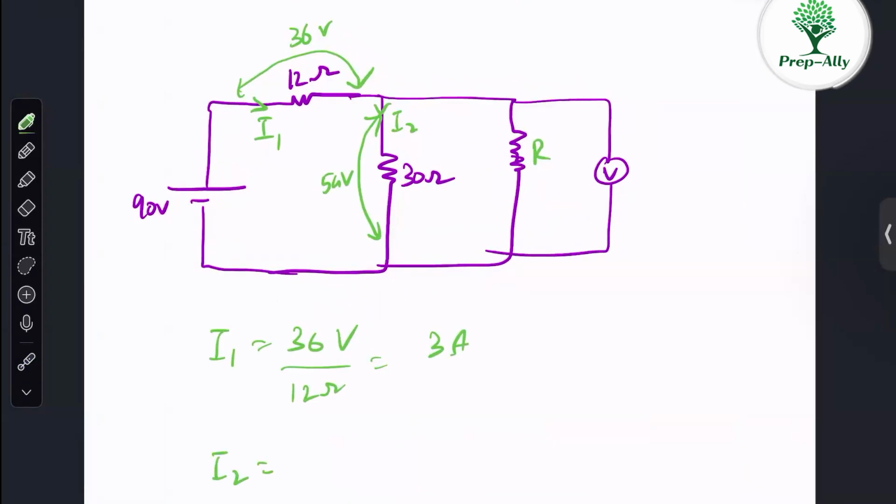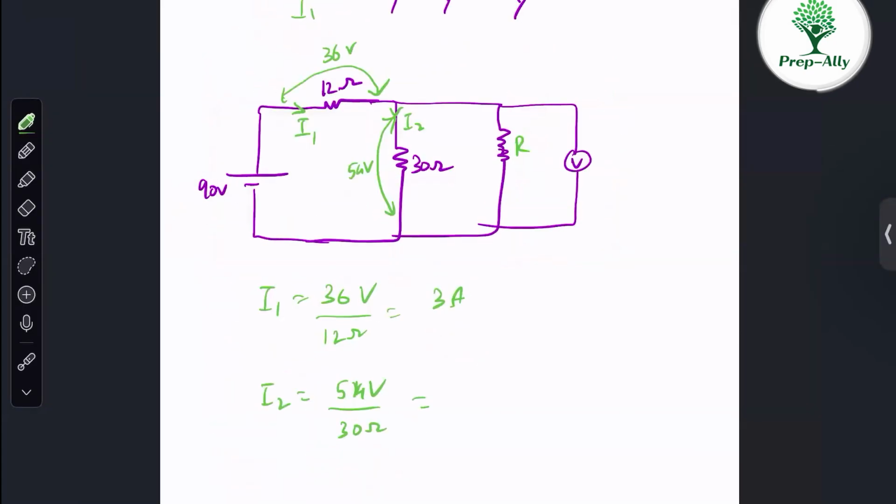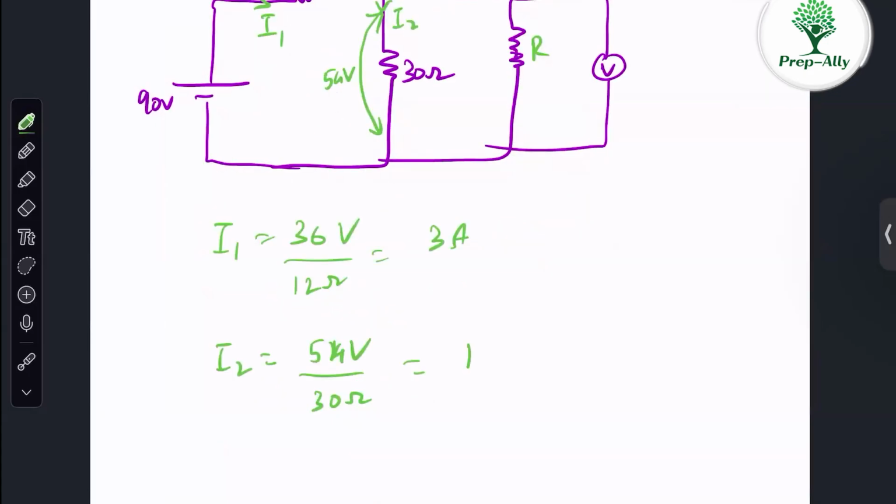I2 will be equal to the same 54 volts by 30 ohms, which is 27 by 15, or 9 by 5 amperes. So I2 is 9 by 5.